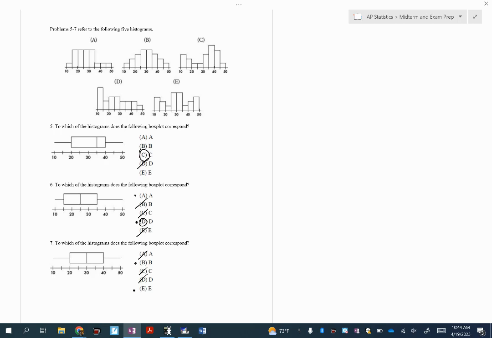Because it looks like it's in the middle. Wait, hold on. Ethan? I agree, it'd be closer. I think with this one, right, the interquartile range is going to be a little bit wider, closer to that 20 to 40 range. So I agree. I think it'll be E as well.